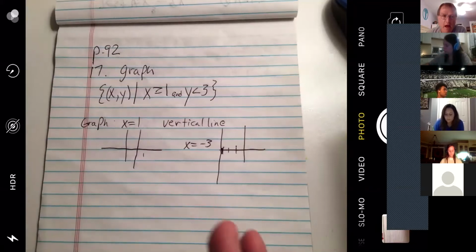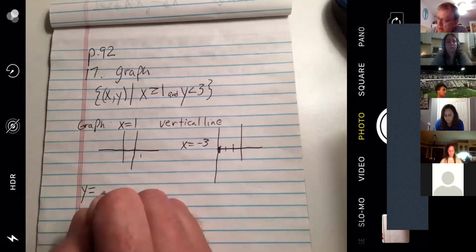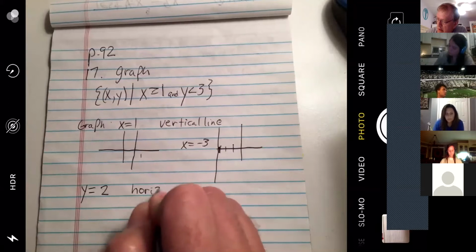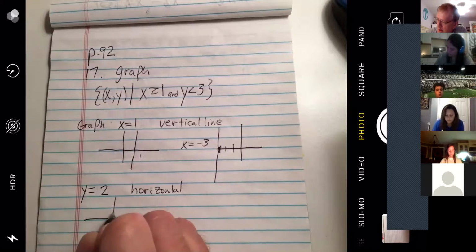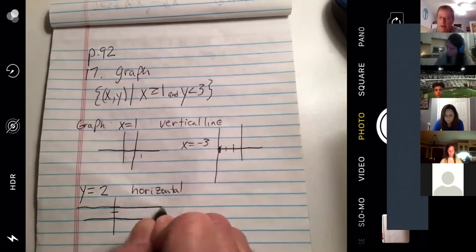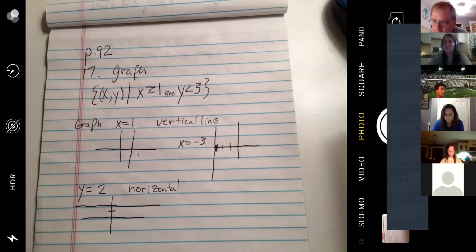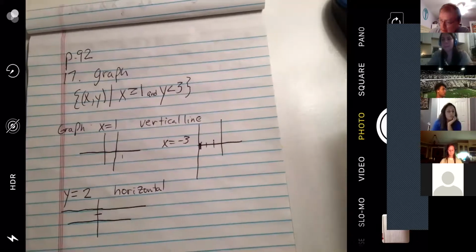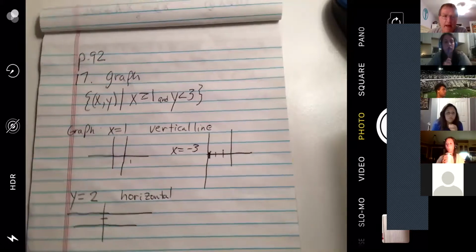Okay. Well, when you go to y equals, I'll make it 2, these are horizontal. Is that obvious, or does that need explanation? That's obvious. Okay. So that's the system: x equals any number is a vertical line through that x number.